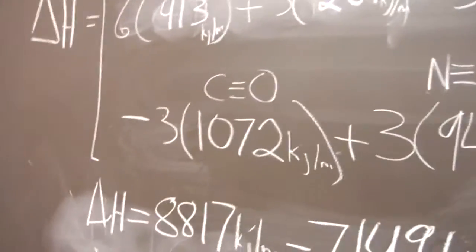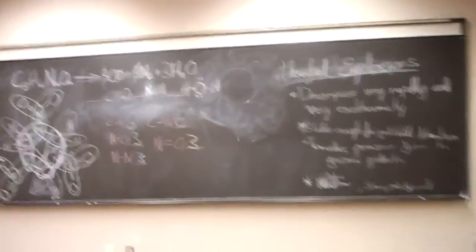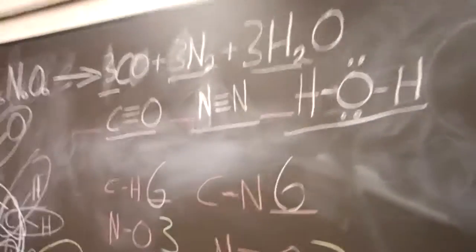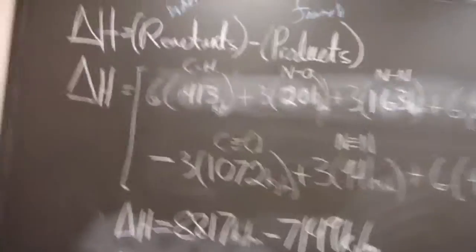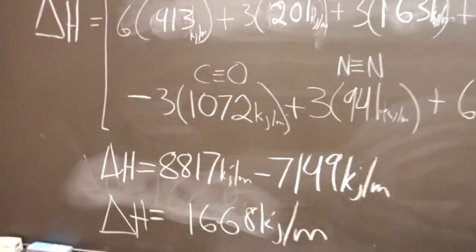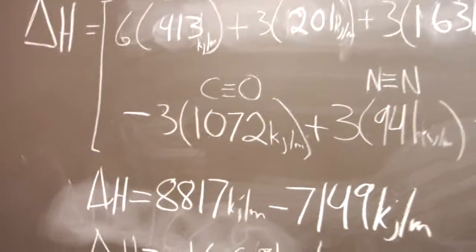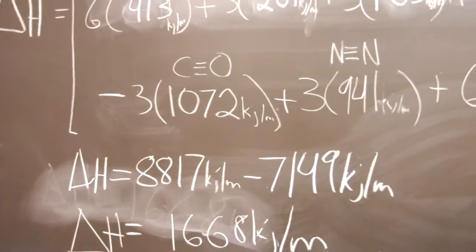Now, it should be noted that these 3 bottom ones, the products, were the products over here. And after we balanced it, we had 3 here, 3 here, and 3 here, accompanied by the Lewis dot structures here. I wrote the math here beforehand, worked through it, and resulted in 1,668 kilojoules per mole. That is an enthalpy value for C4.